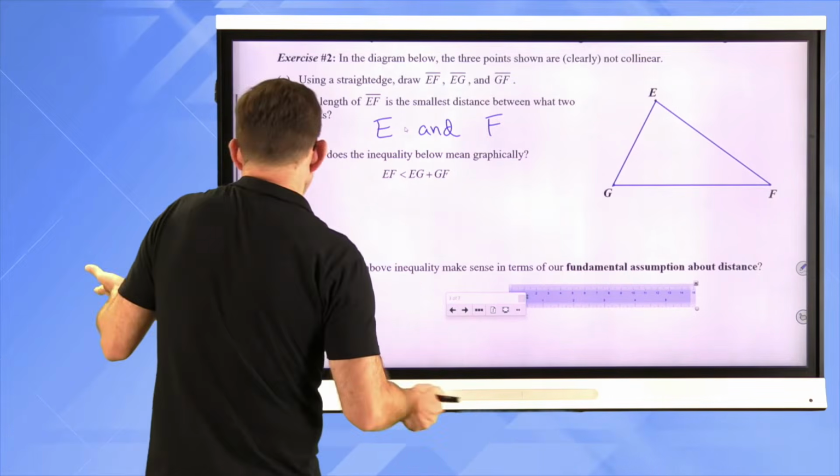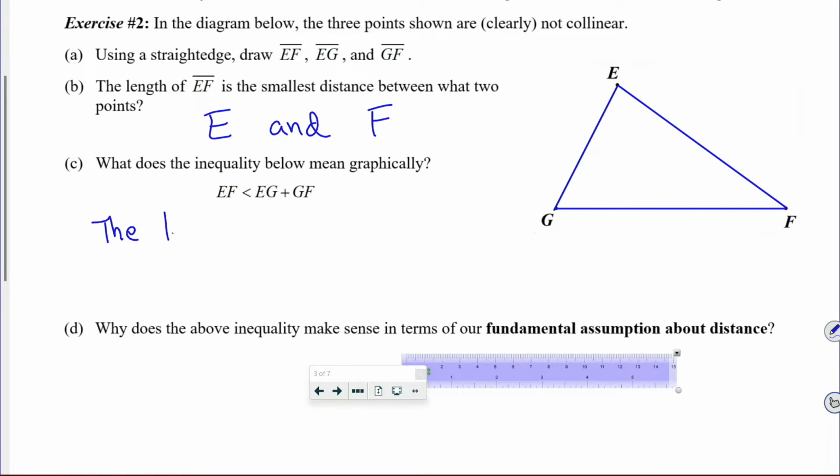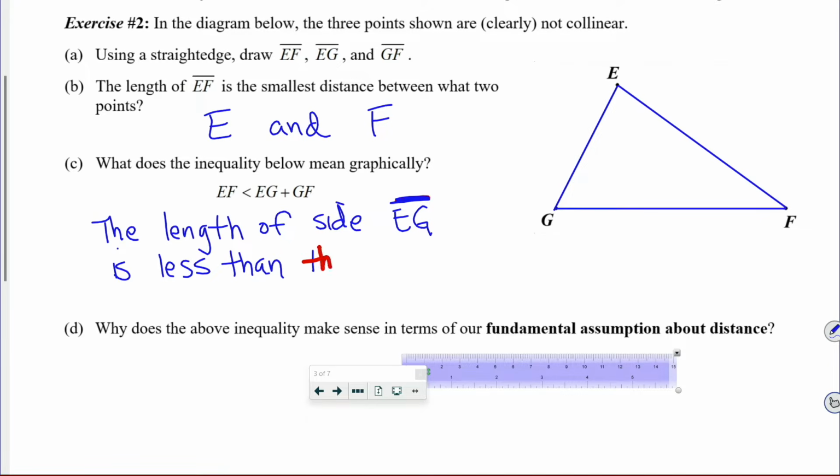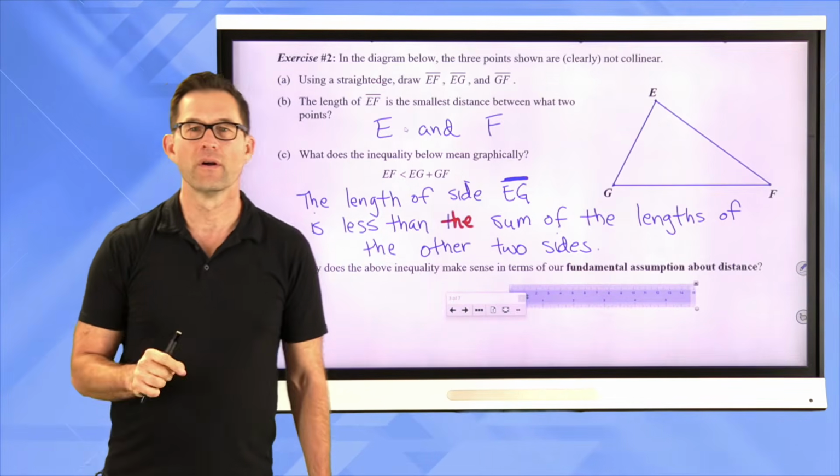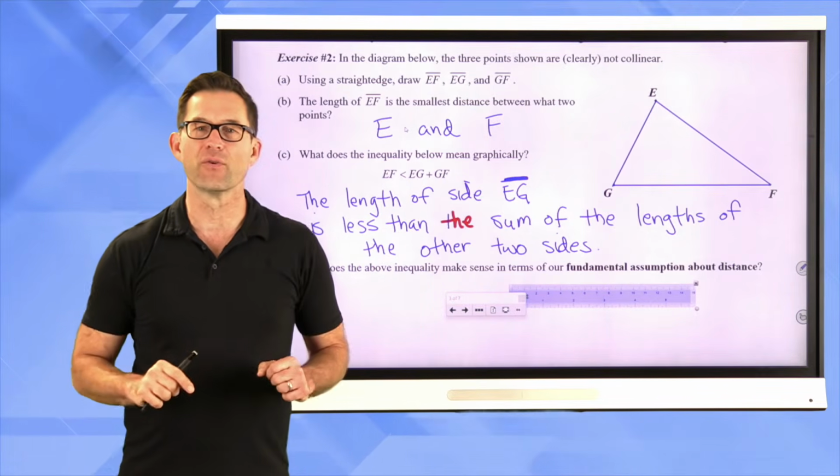So what this inequality says is that the length of EF is less than the sum of the lengths of the other 2 sides.